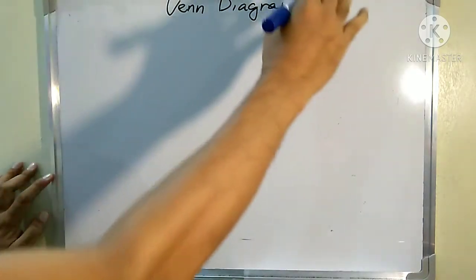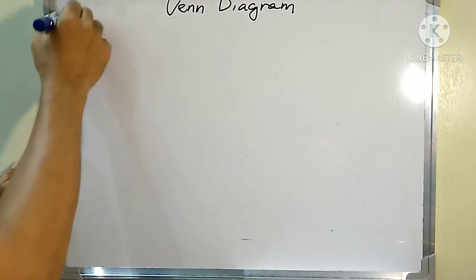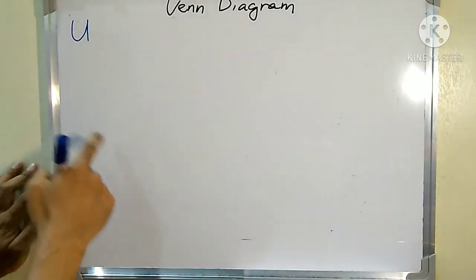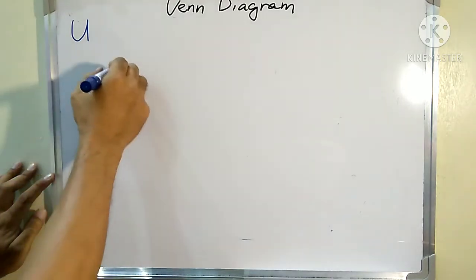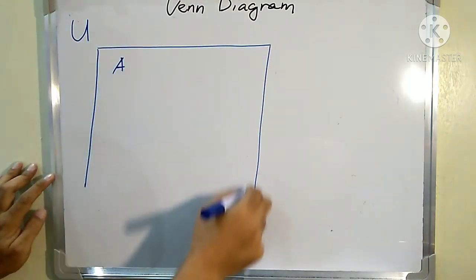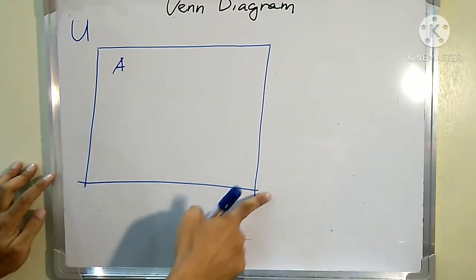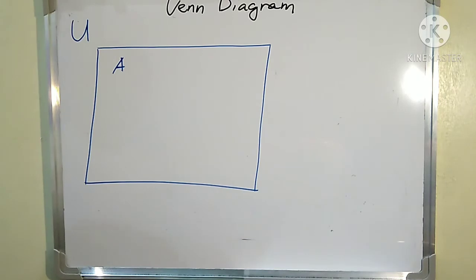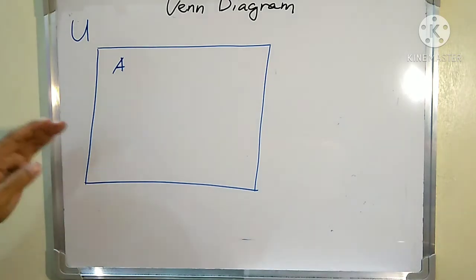Let us consider this whiteboard as the universal set U, and from the universal set U we have set A. So from set A we also have another set.